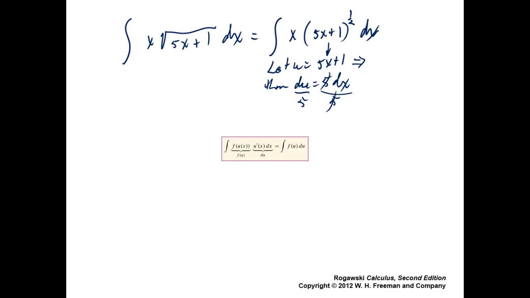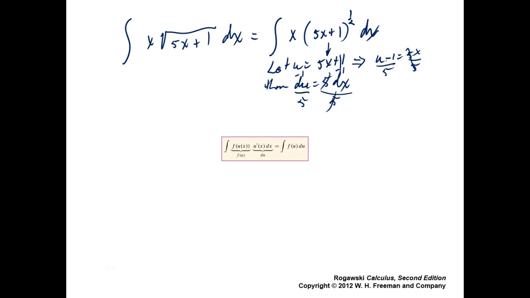You would subtract 1 from both sides, right? And that gives you u minus 1 is equal to 5x, because this adds to 0. And then divide by 5, right? So we have x is equal to u minus 1 over 5.